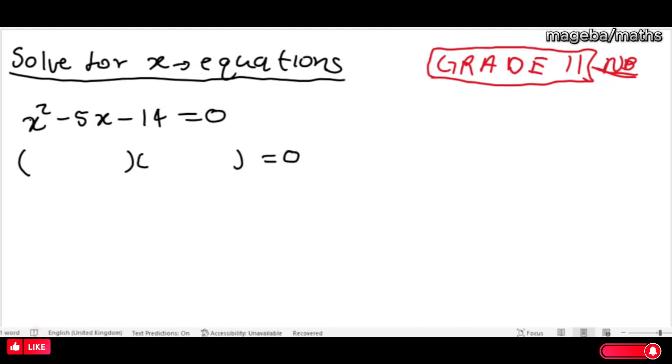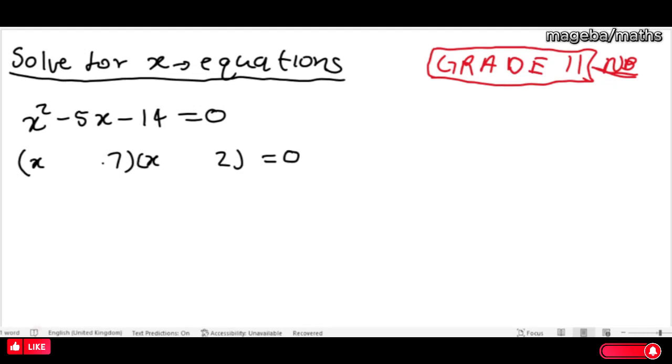So first thing, we need to find the factors of x squared. The factors of x squared are x and x. If you times x and x, it's going to give you x squared. And then from there, we need to find the factors of 14, that when we add or subtract them, have to give us negative 5. So if I have 7 and 2, if I times them, they do give me 14.